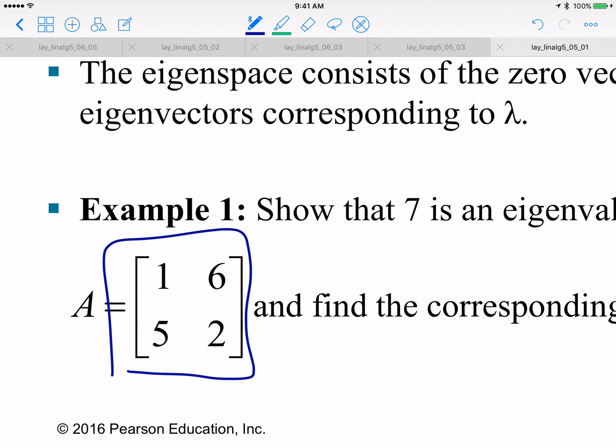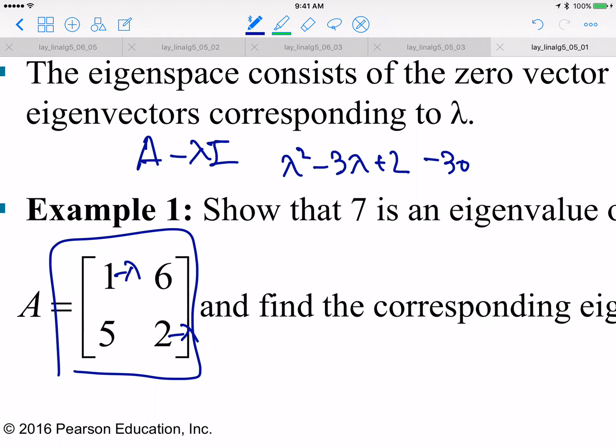Okay, so if we consider A minus lambda I, and then it is like 1 minus lambda and 2 minus lambda, and then I apply AD minus BC as a determinant formula, and then let's just do some math, 3 lambda and plus 2, right, minus 28, is it right?